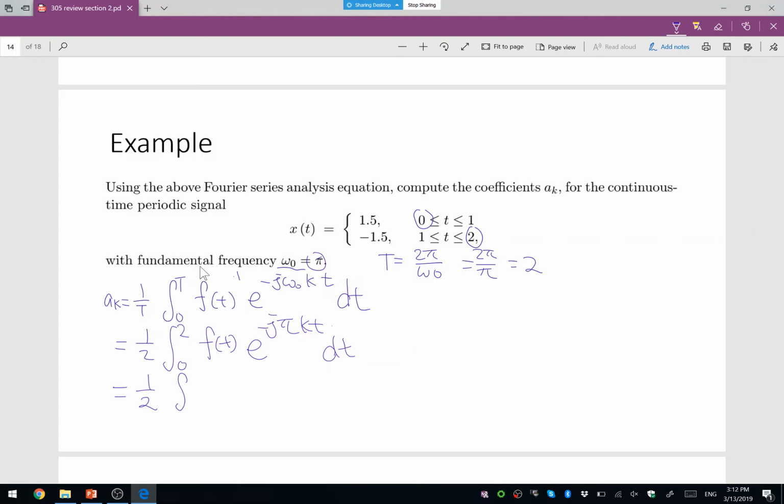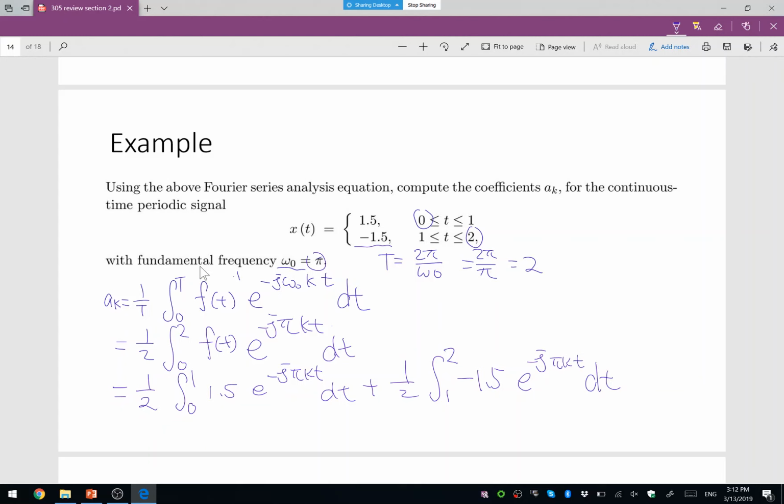The first part is from 0 to 1, and x(t) here equals a number 1.5, so here is 1.5 e to the power of minus j pi k t dt, and plus 1 over 2 times another piece, from 1 to 2, minus 1.5 is this value, e to the power minus j pi k t dt.